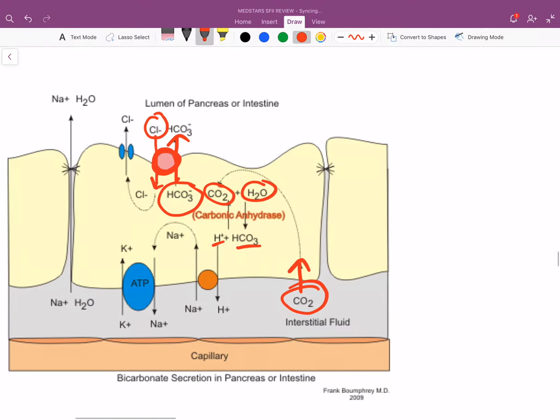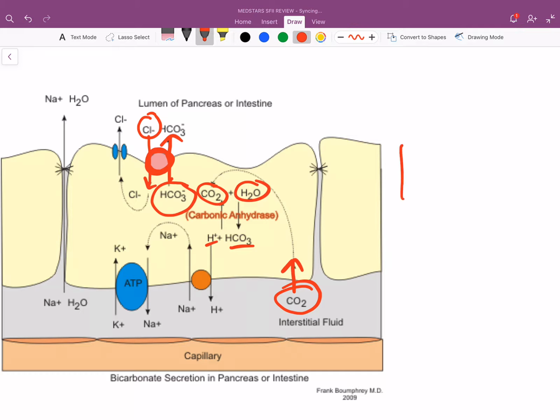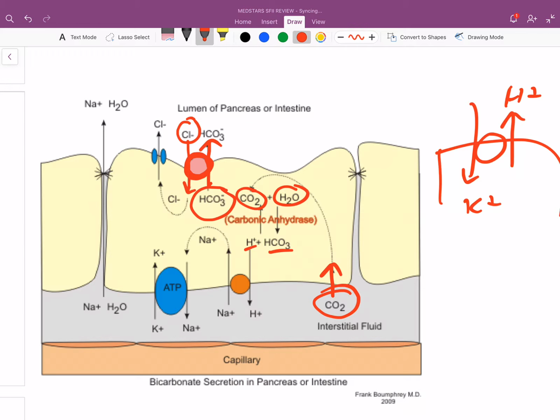Very similar. You guys remember the parietal cell had that hydrogen potassium ATPase pump? This is the same thing, except in this case we're talking about bicarb and chloride ion. And this one too has chloride ion channels that are always open, leaking out chloride ion, and we also have sodium and hydrogen involved over here.